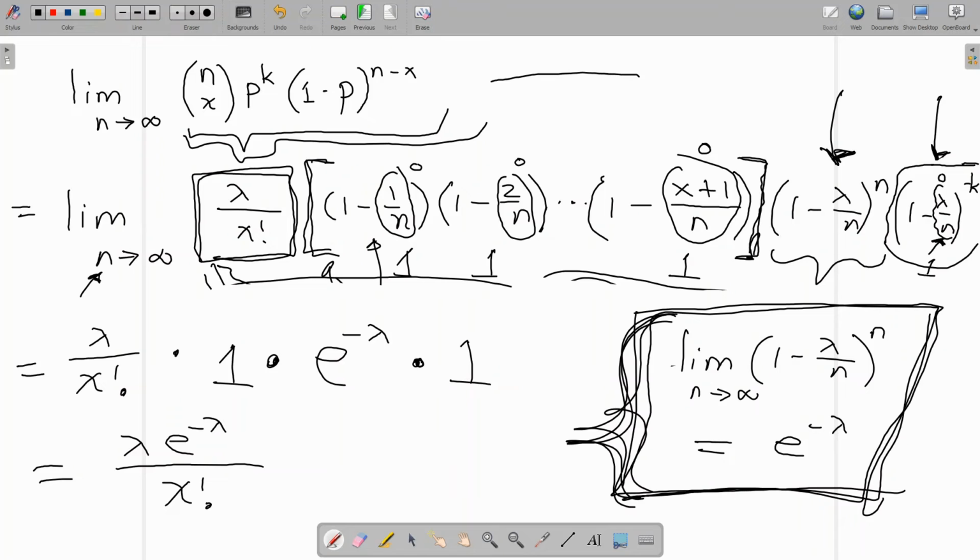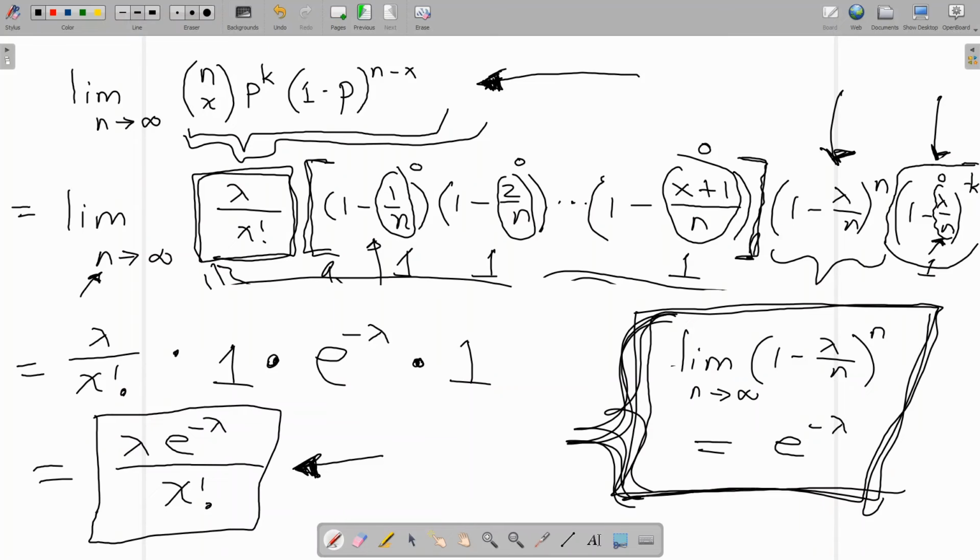Thus, the limiting form of our binomial distribution is the Poisson distribution. Look at this expression.